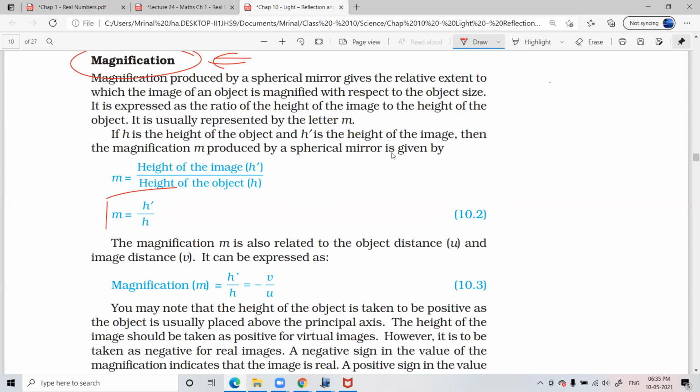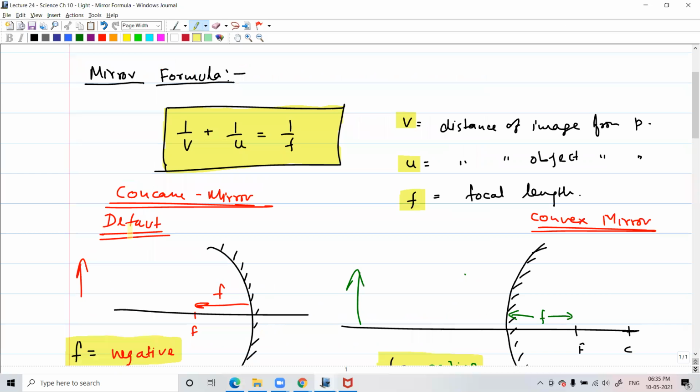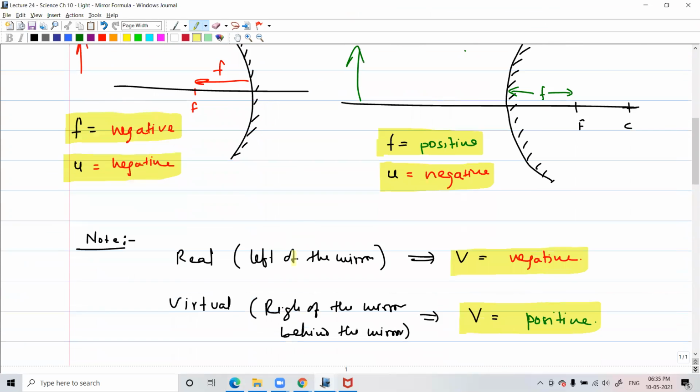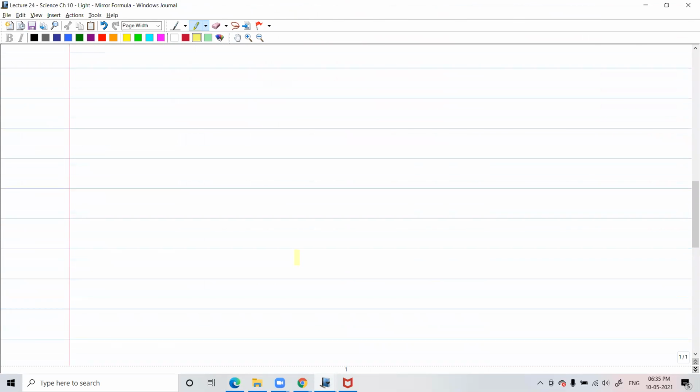So is this magnification formula making sense to you? It is a ratio of height of the image to the height of the object. We will understand this in more detail, of course. Let's go to that.